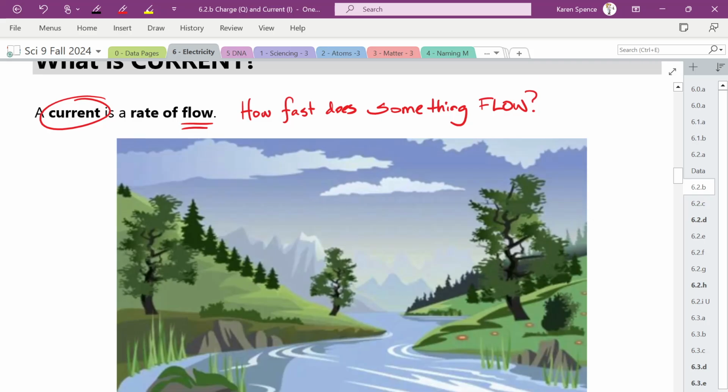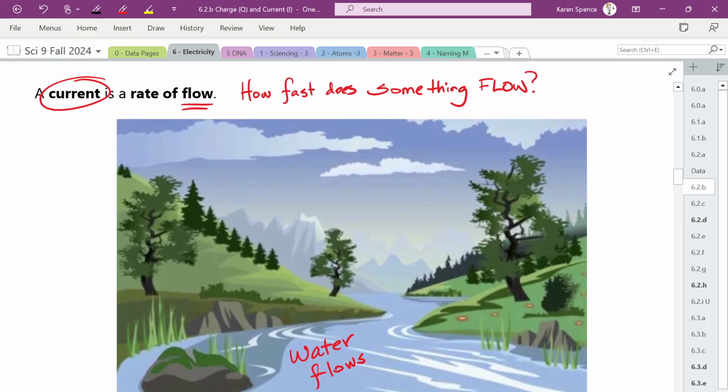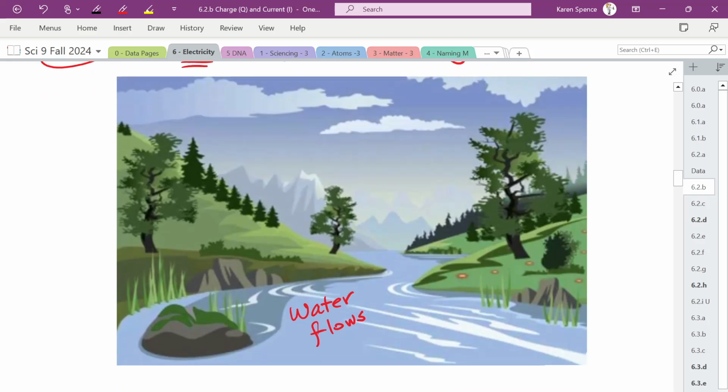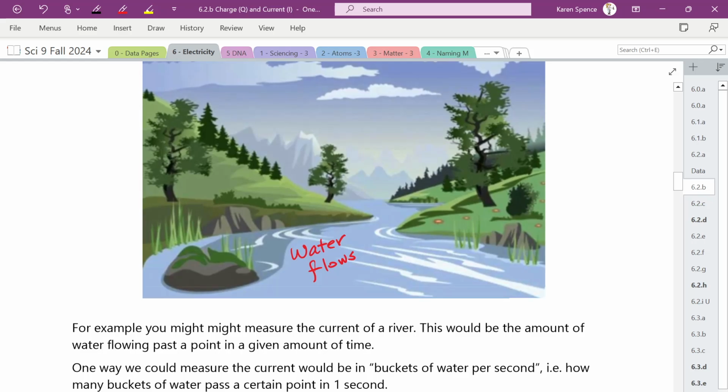So in the video yesterday, we saw a river has water that flows. You might measure the current of a river. That would be how much water flows past a point in a second or in 10 seconds.